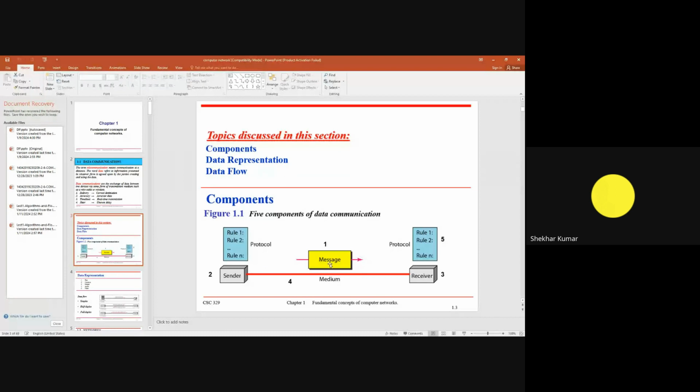For data communication, there must be a message which travels from one location to another location. Next, there must be a sender which will send that message to another one. That is called your receiver. For communication from sender to receiver, there must be a medium.